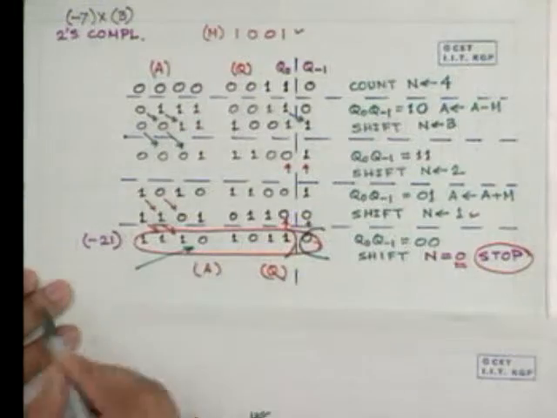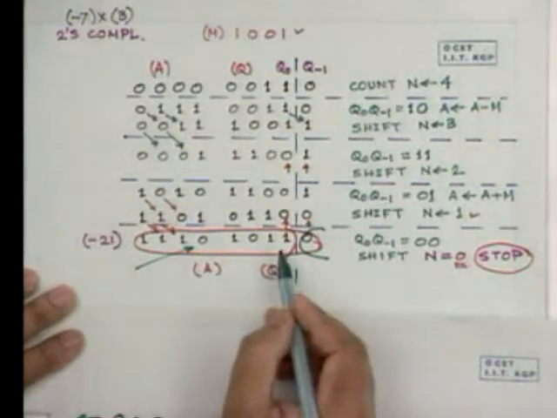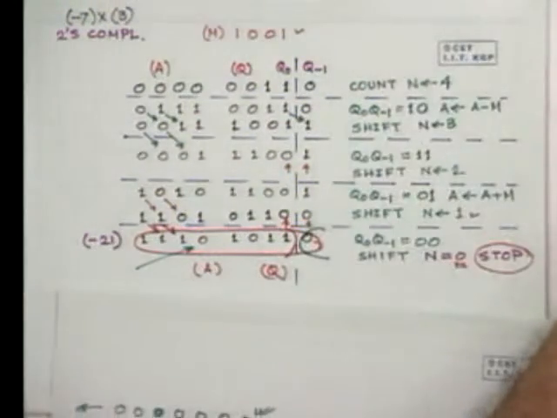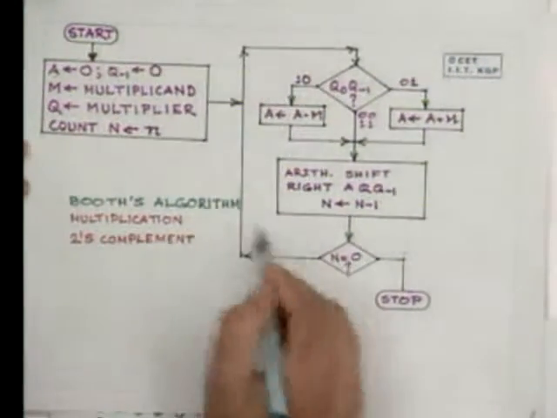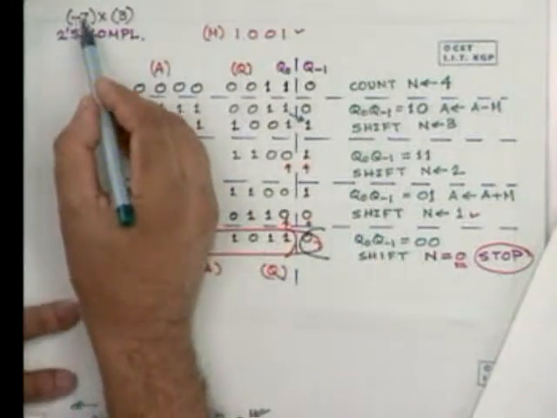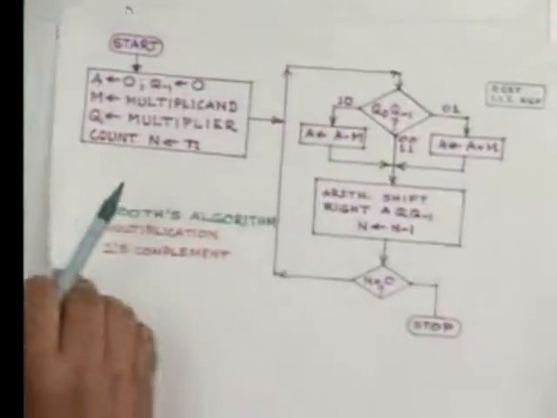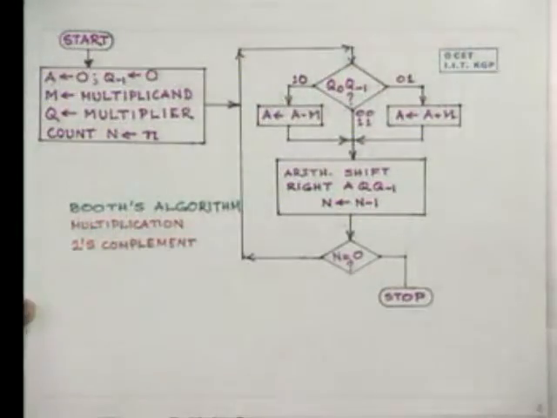complement representation. What I suggest is that you take the Booth's algorithm, take any two numbers, and go through this algorithm to do the operation.